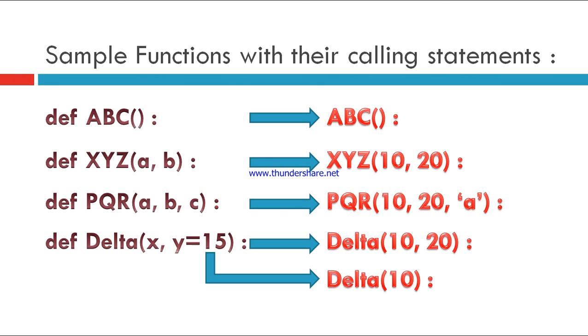It follows the same sequence. 10 is stored in variable x. Now the second input argument is missing in the function calling. The computer automatically stores 15 in the variable y. Clear? So this calling is also right.